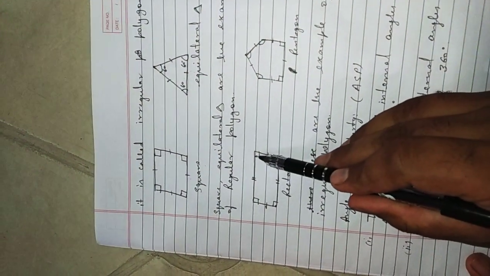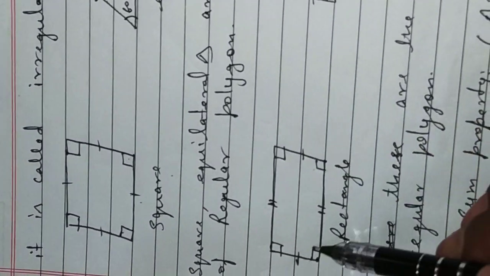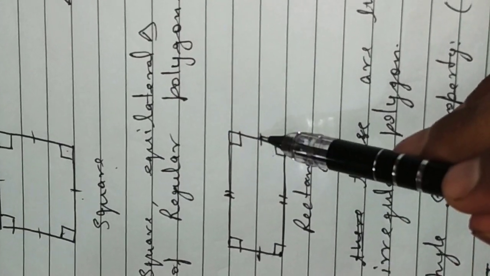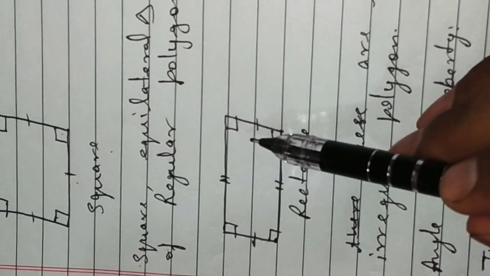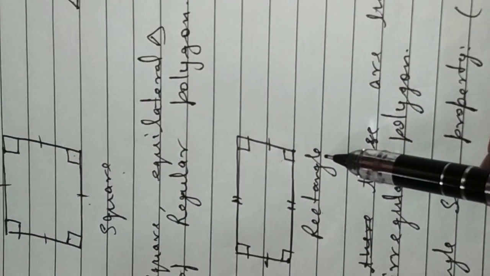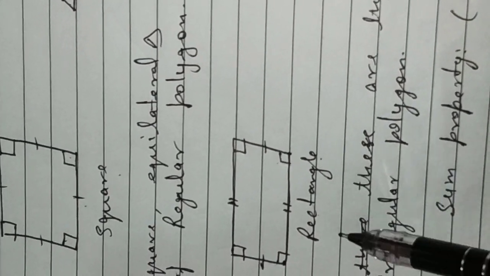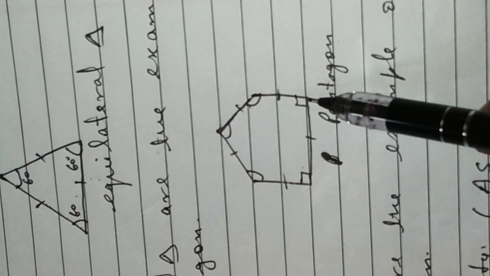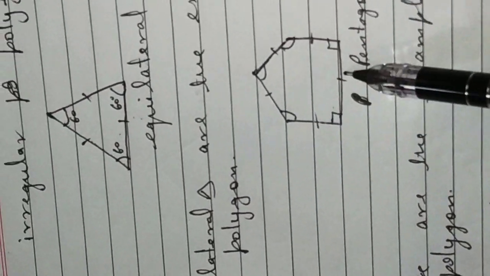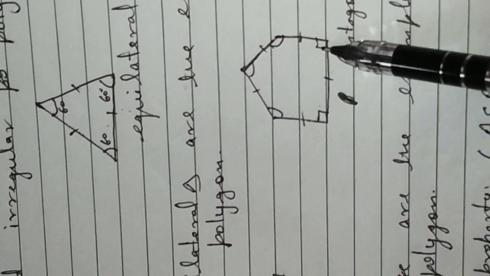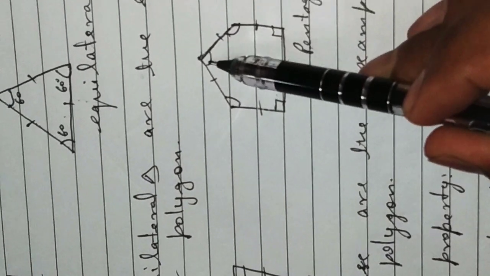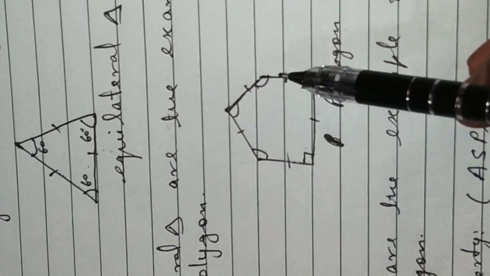Now this is a rectangle. In a rectangle, all angles are 90 degrees, meaning all angles are equal, but only opposite sides are equal, not all sides. So a rectangle is not a regular polygon, it is an irregular polygon. In this pentagon also, all sides are equal, but these two angles are 90 degrees, and these three angles are less than 90 degrees.